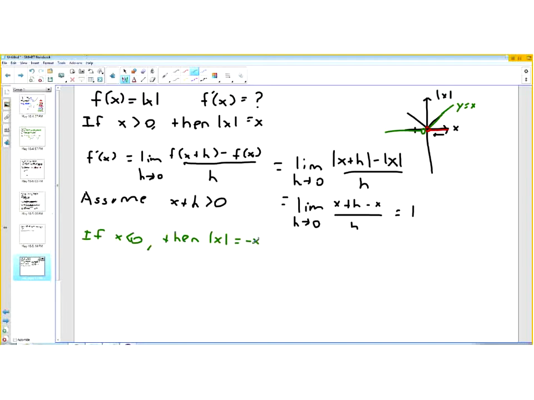Okay, and so f prime of x would equal the limit as h approaches 0 of f of x plus h minus f of x, divided by h.